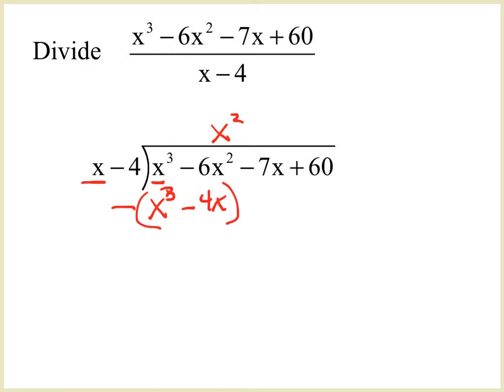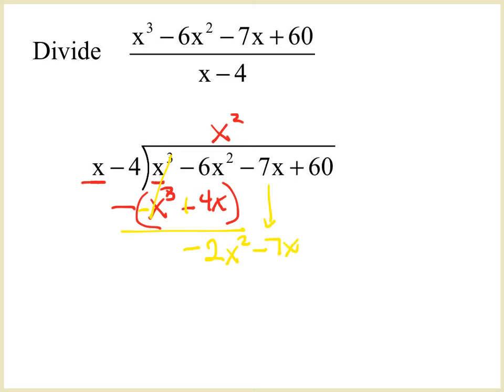So what that does is it makes the first one negative, the second one positive. Subtract it out. My x cubes cancel out. Positive 6x squared, negative 6x squared, positive 4x squared gives me negative 2x squared. And then I bring the next term down, negative 7x.